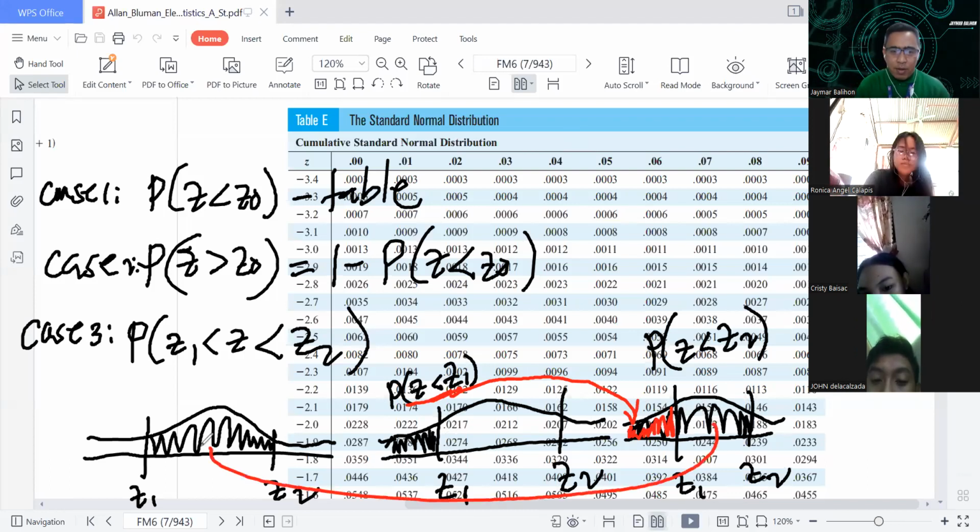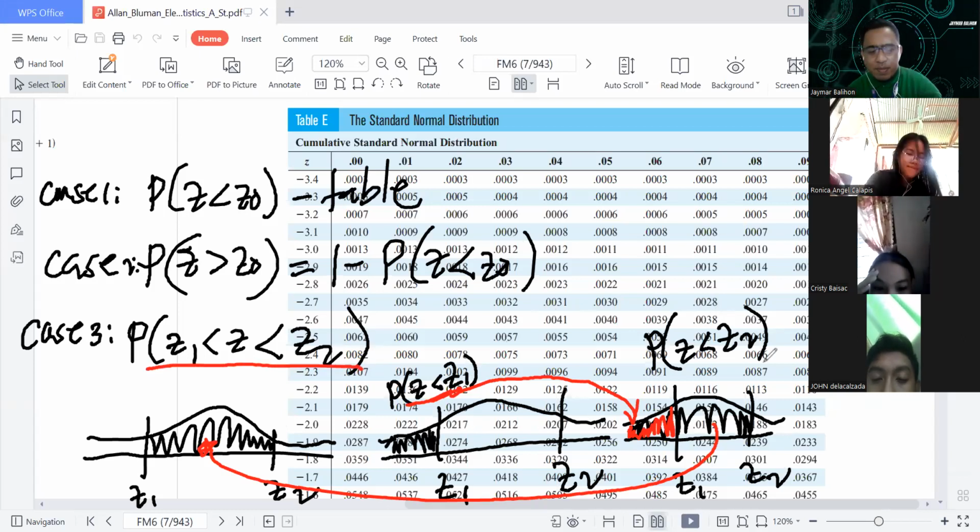That will only be the remaining area if you remove this portion from the bigger area.